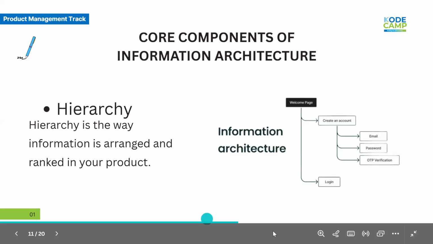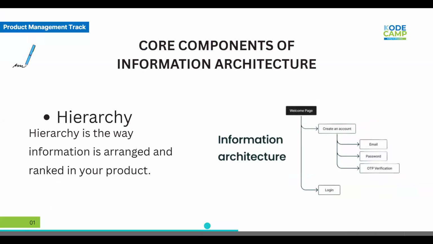Before we go into the next part, I want you to fully understand something. If information architecture is the skeleton of a product, then these next parts I'm about to talk about, hierarchy, labeling, and so on, are like the joints and the bones of that skeleton.